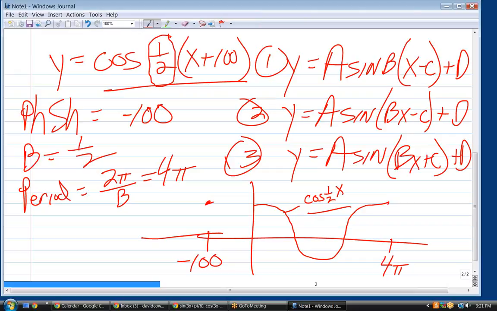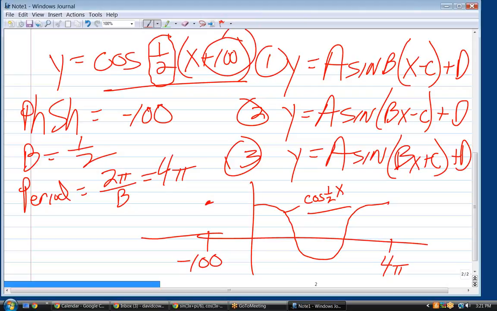Degrees. Oh, in degrees? Well, this is never in degrees, the phase shift. I guess it could be, but I've never seen it in degrees. Every sinusoid function I have ever seen, this number is in radians.